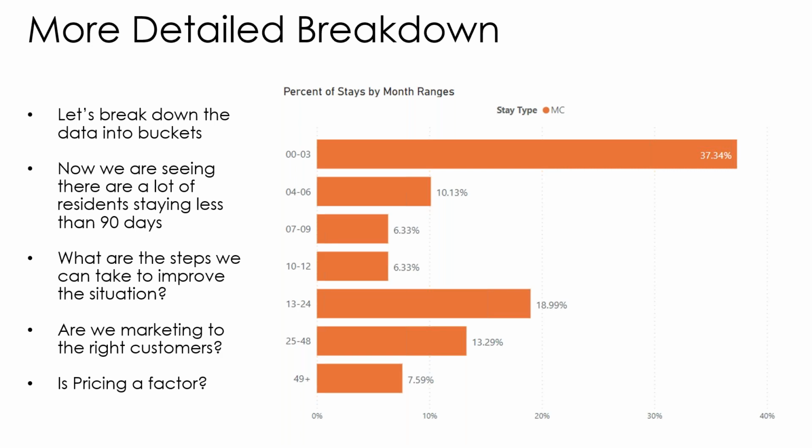What are the steps we can take to improve this? Are we marketing to the right customers? Is pricing a factor? Short stays are obviously going to lead to churn, and census is always going to be a challenge. So looking at the same data in different ways is one of the ways you can get the most out of your data.